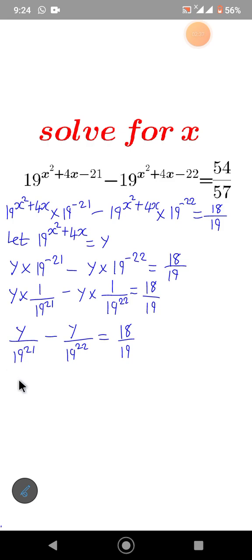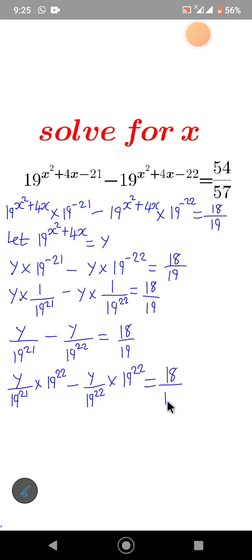So I'll start here with this: y over 19 raised to the power of 21 multiplied by 19 raised to the power of 22 minus this expression again, y all over 19 raised to the power of 22 multiplied by 19 raised to the power of 22 all equal to 18 all over 19 multiplied by 19 raised to the power of 22.